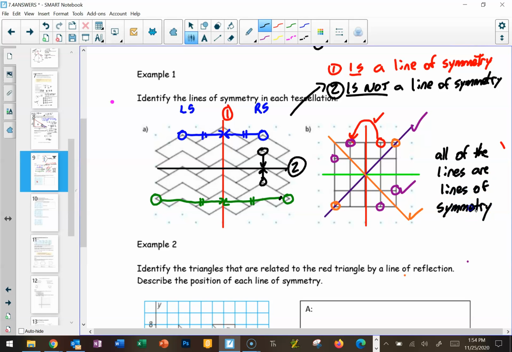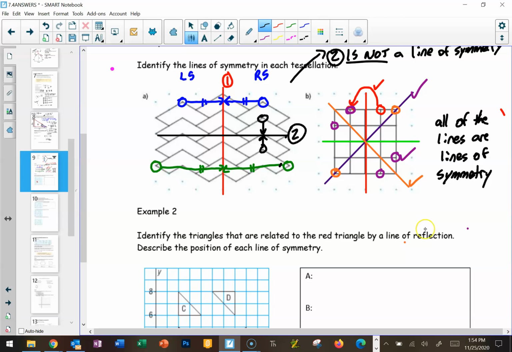So some objects are going to have one line of symmetry or no lines of symmetry, and other objects are going to have many lines of symmetry. Now, it doesn't mean that all lines are a line of symmetry. For instance, if I were to put a line right here on this object, that black line is not a line of symmetry, because if I take this point down here in the corner and I fold it over the line, it's going to end up here somewhere, which clearly isn't part of the object that's left on the other side of that line.